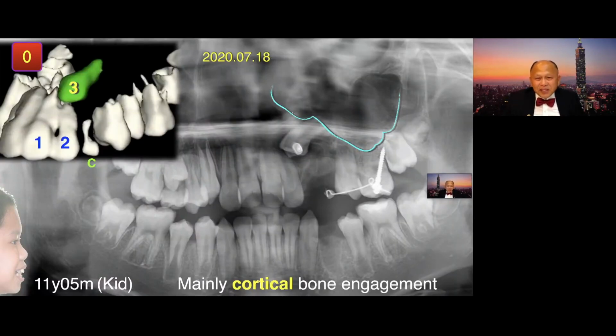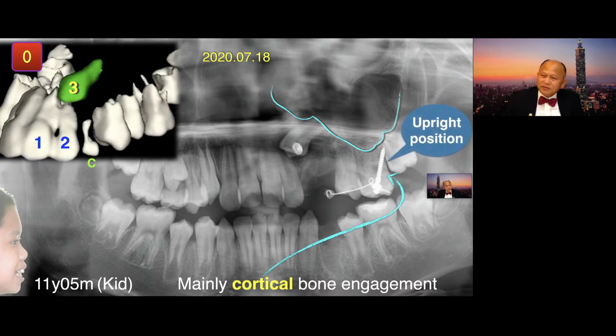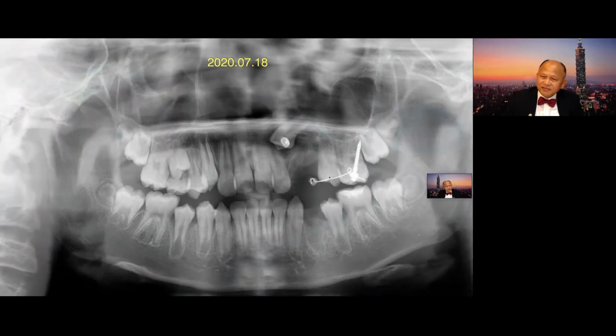So even though the patient has a huge sinus and is a young kid, we still can put this IZC screw with 15 Newton centimeter insertion torque, and 15 Newton centimeter is good enough to bring that down. Mainly cortical bone engagement. Upright position is the key.